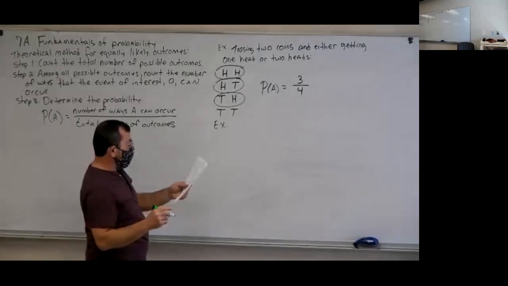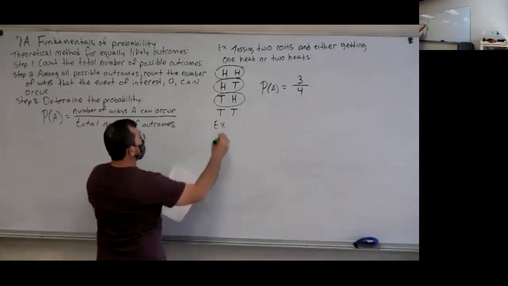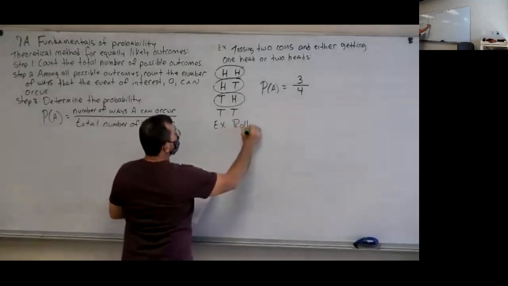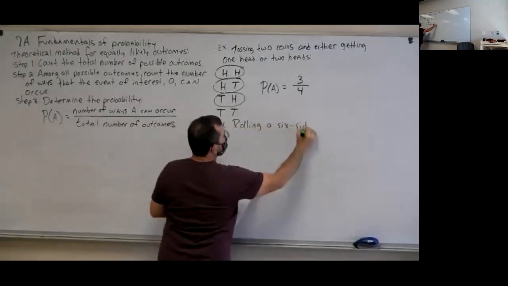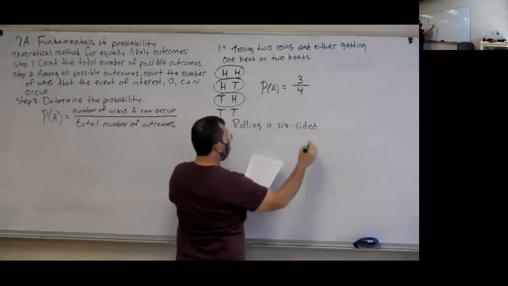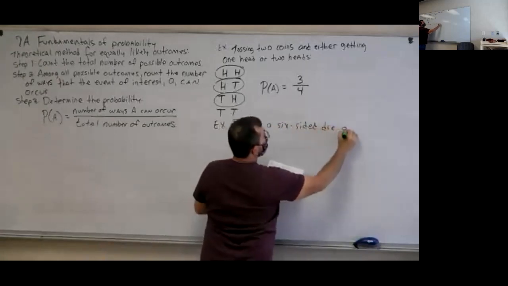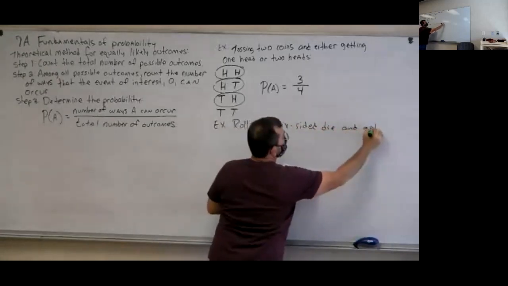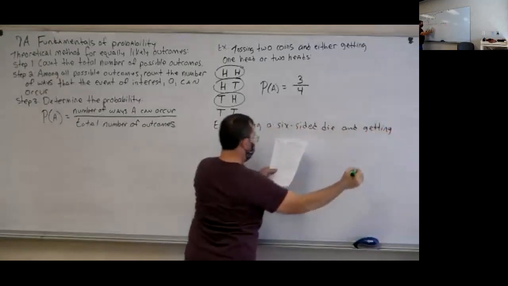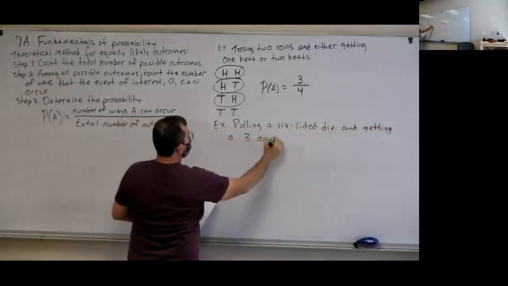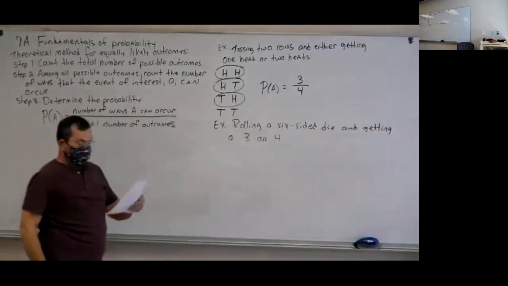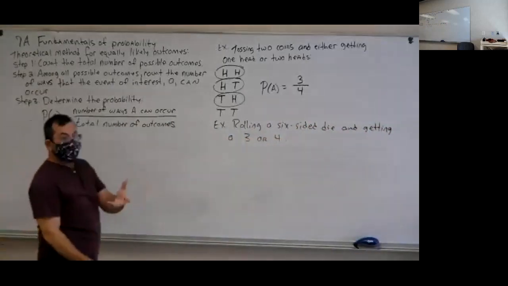They want to know rolling a 6-sided die and getting 3 or 4. So you got a 6-sided die.